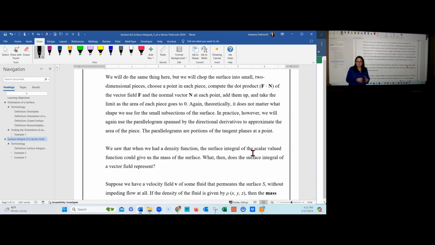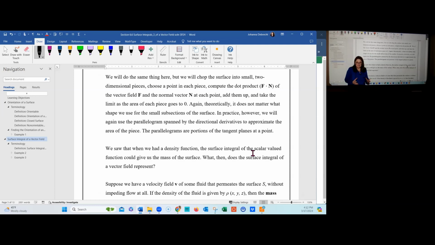What we're going to do is use the same parallelogram spanned by the directional derivatives to approximate the area of that piece. These parallelograms, recall, are actually a piece of the tangent plane to the surface at the particular point where you calculated the normal vector.